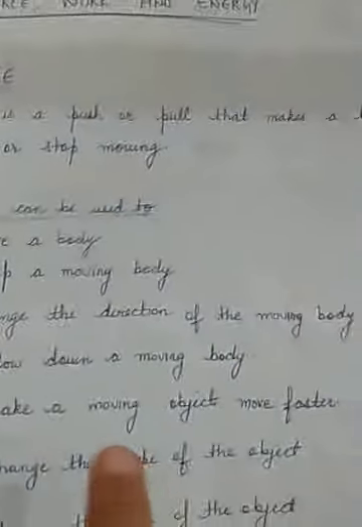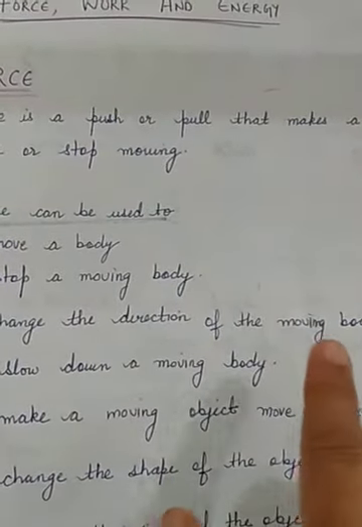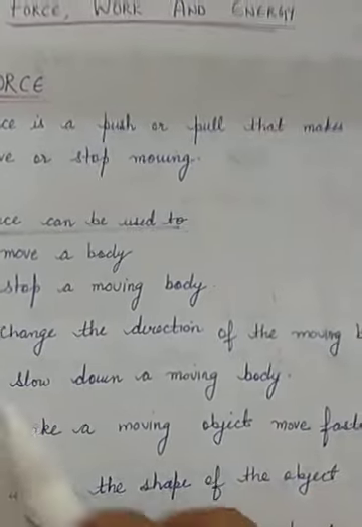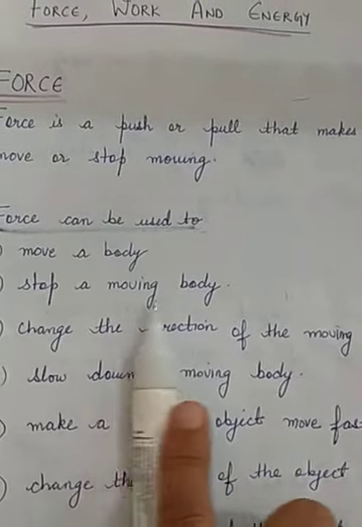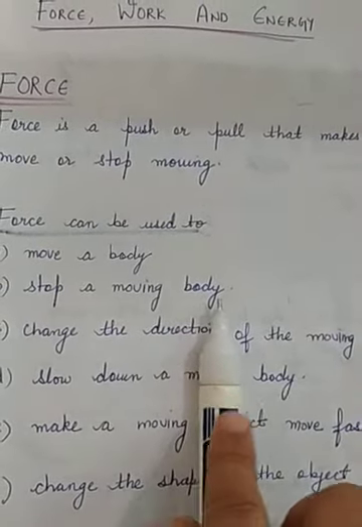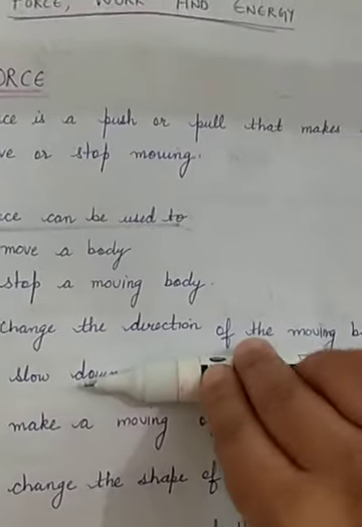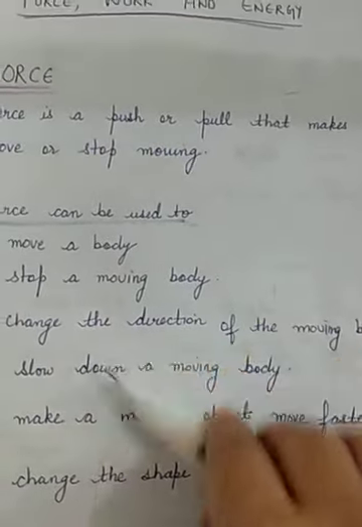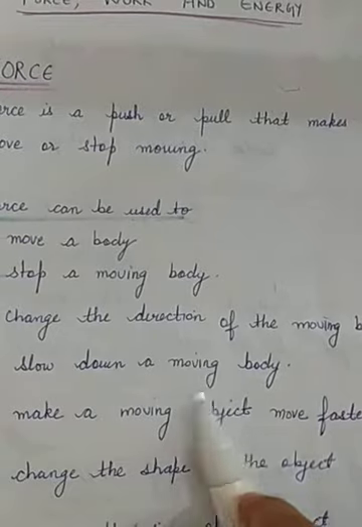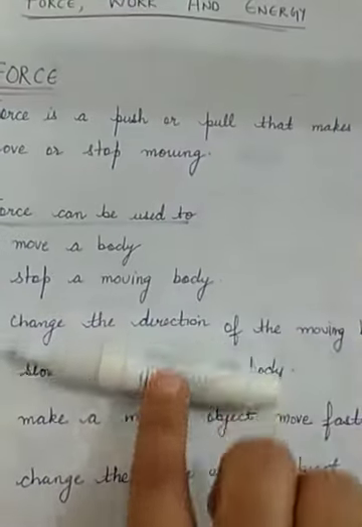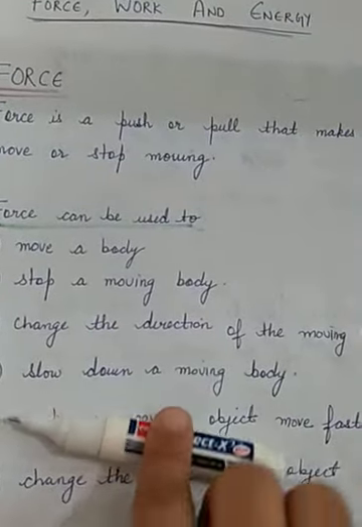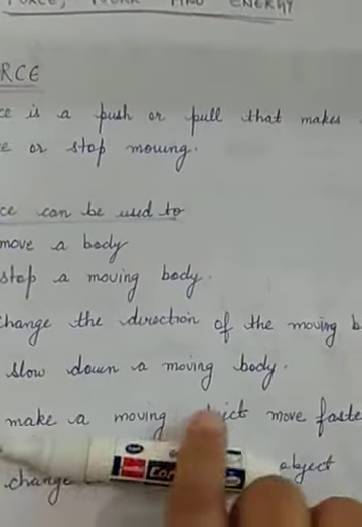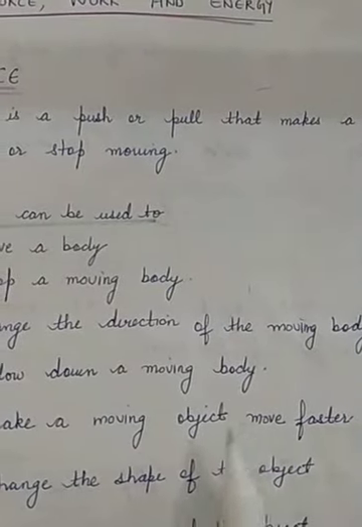Now it changes the direction of the moving body. If this is moving in this direction by itself, and I apply some force, I can change its direction also. Now it slows down a moving body. If any body is moving and I apply force, I can slow that moving body. It makes a moving object move faster.